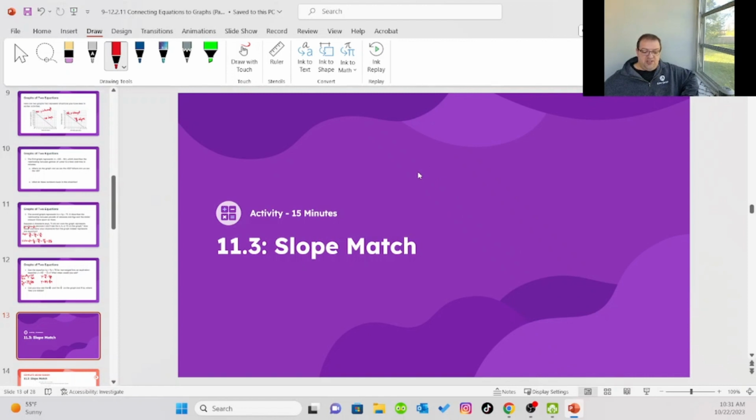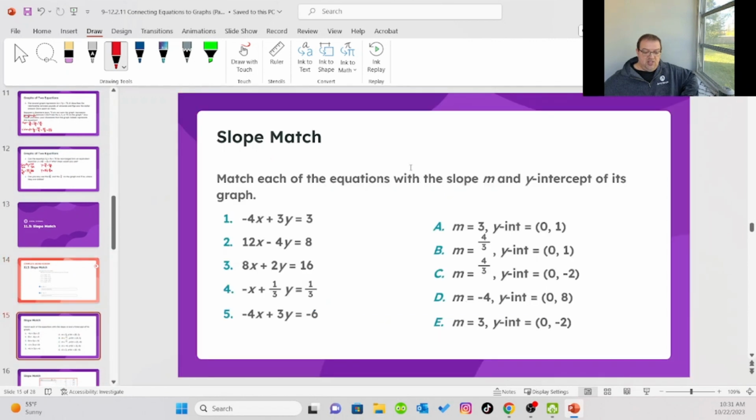Our next activity is 11.3, slope match. Match each of the equations with the slope m and y-intercept of its graph. So, if we look at number 1, remember that we said slope equals negative a divided by b, and we said that y-intercept equals c divided by b.